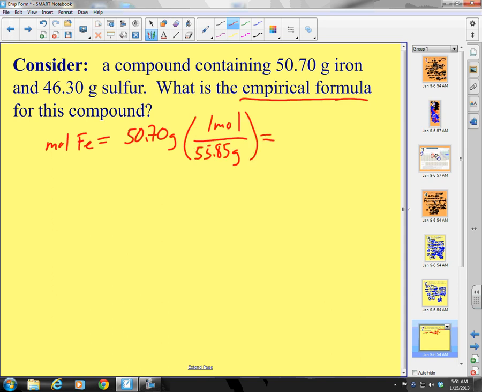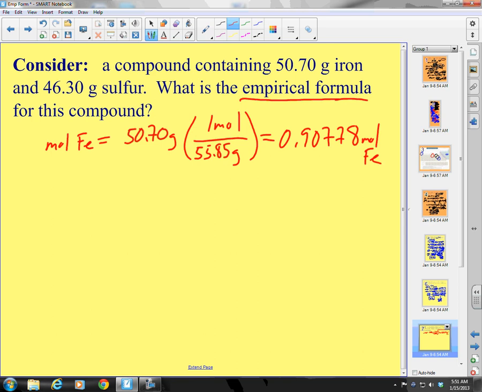And what do I get? Use the magic TI-30XA, and what do I find? 50.70 divided by 55.85, and I get 0.90778 moles of iron.